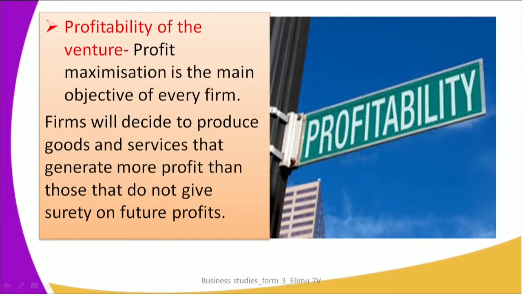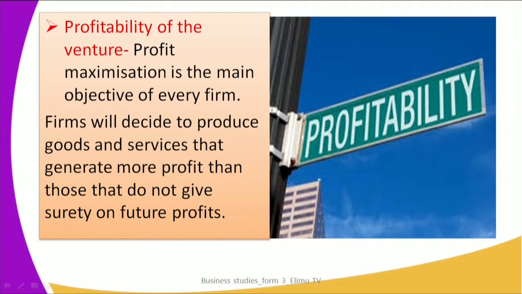The other factor a firm has to consider before settling on what product or service to produce is the profitability of the venture. Remember, when you are looking at the objectives of a firm, one of the very first objectives was profit maximization.